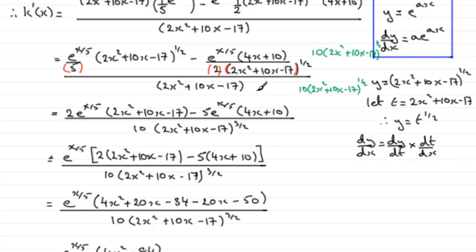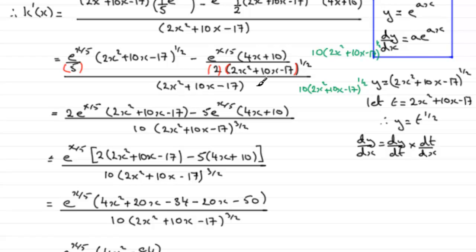And so you can see, just once more, when I took this term here and multiplied it by the green part here, the 5 went into the 10 twice. So that's my 2 there. I get e to the power x upon 5 times (2x squared plus 10x minus 17) to the half times the green (2x squared plus 10x minus 17) to the half. So you add the powers, and that's why I got 2x squared plus 10x minus 17.